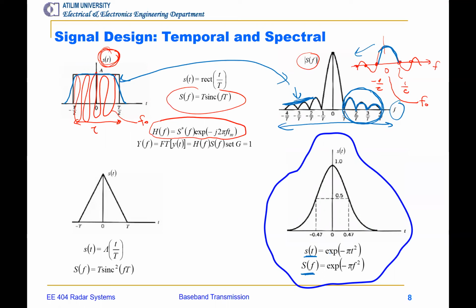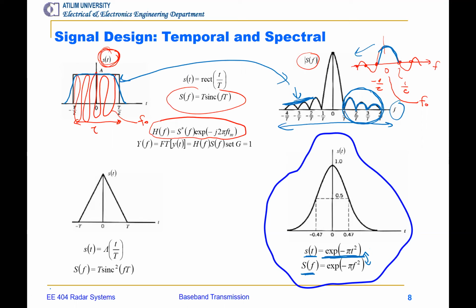This is the exponential waveform, Gaussian waveform, whose spectrum is again a Gaussian pulse. Usually this is just like a matched signal, because we do not have side lobes, so the band is quite well defined. And once we use this waveform, we can easily design a matched filter.